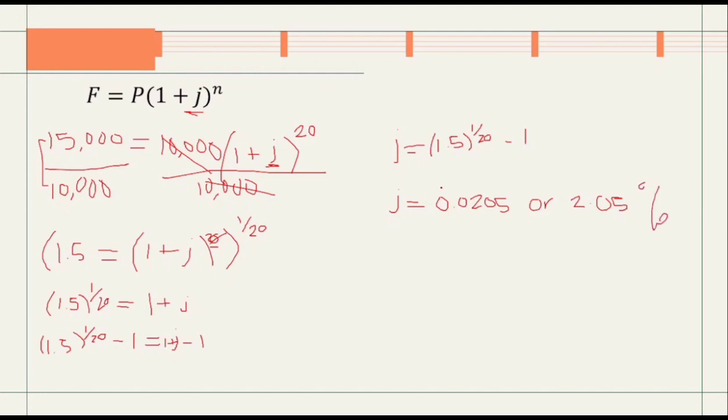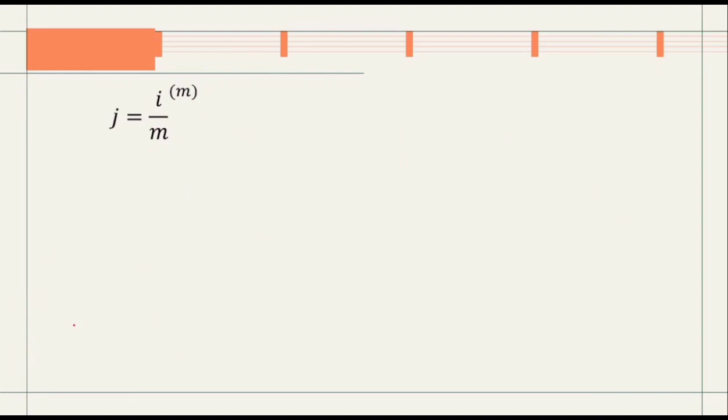So that's our j. So after finding the value of j, we need to substitute it to this formula to find the value of the nominal rate, which is denoted by I raised to m.